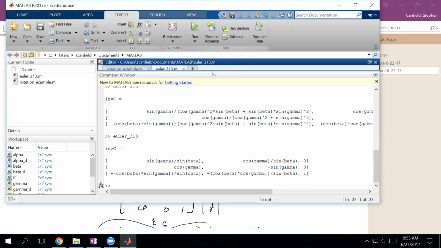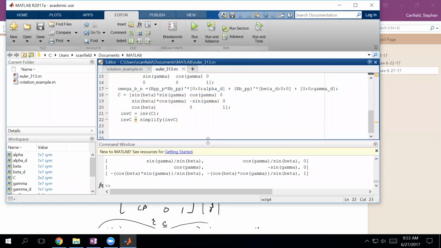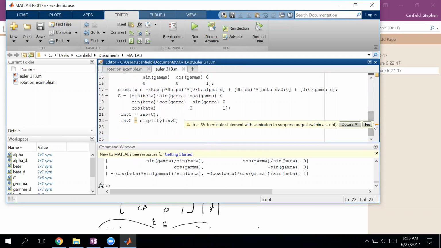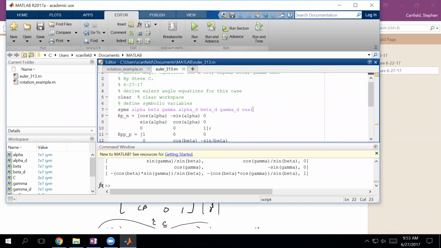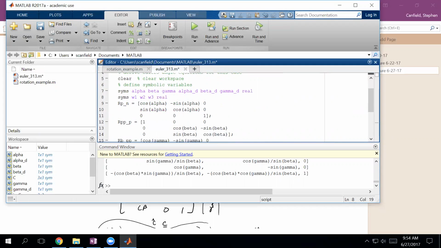And then finally, I'm going to do one more step, and that is I'm going to try to write out my Euler angle equations explicitly in terms of my 3 omega terms. So I'm going to add those omega 1, omega 2, omega 3, and I'll make those real.